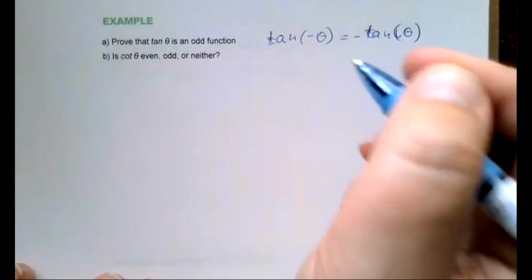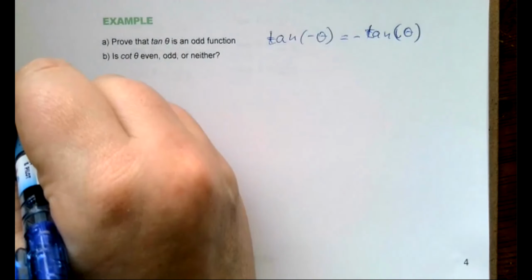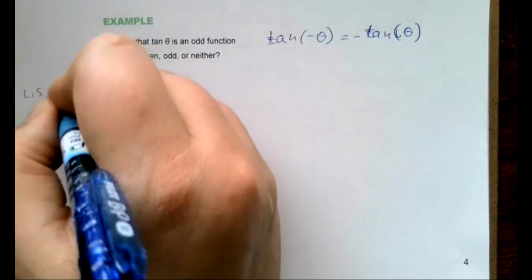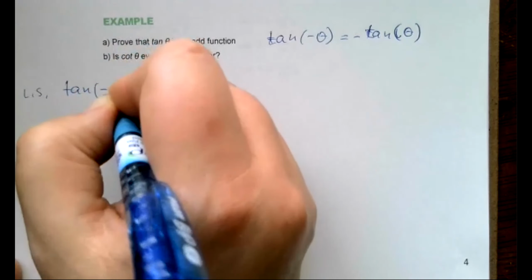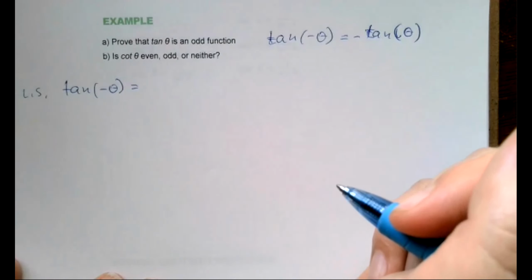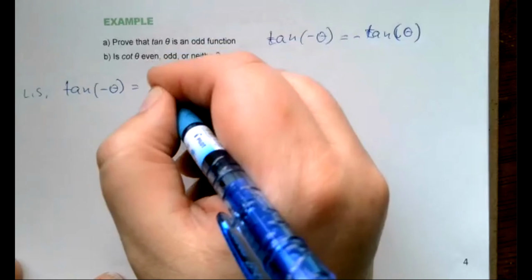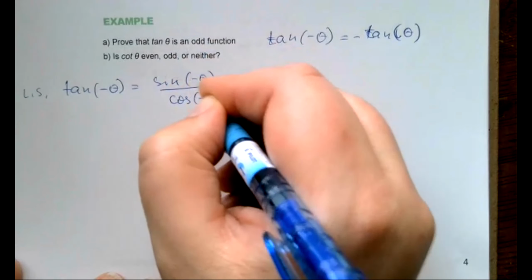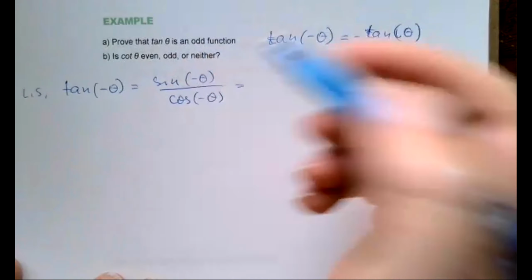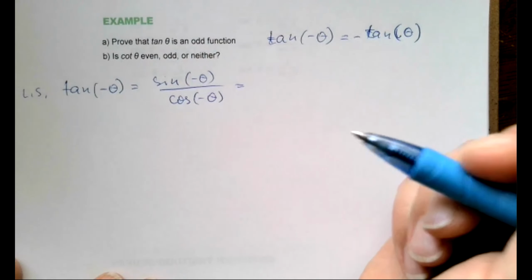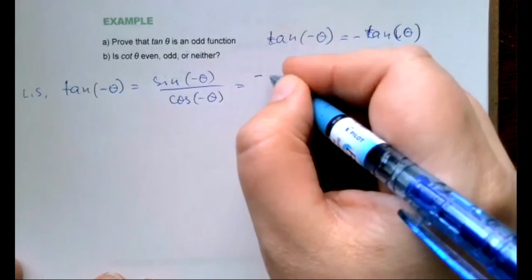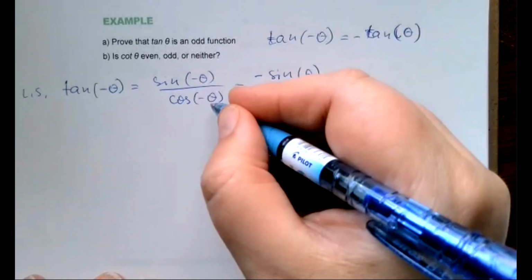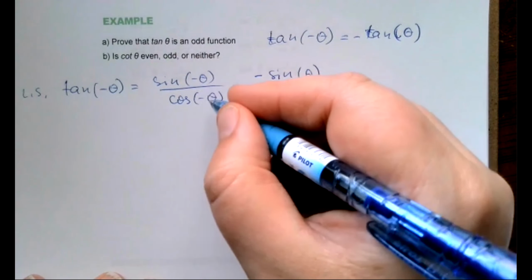We're going to prove this identity. We're going to start with the left side, which is tangent of negative theta. And we're going to rewrite tangent as sine over cosine. So we have sine of negative theta divided by cosine of negative theta. Well, because sine is an odd function, it's going to be equal to negative sine of theta, and cosine is an even function, so it just absorbs the negative.